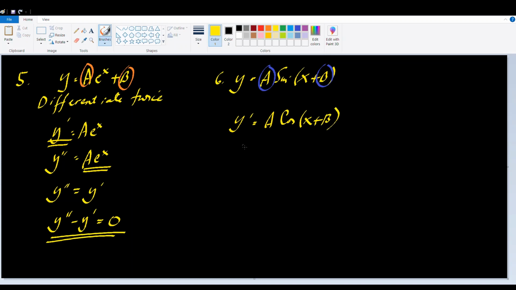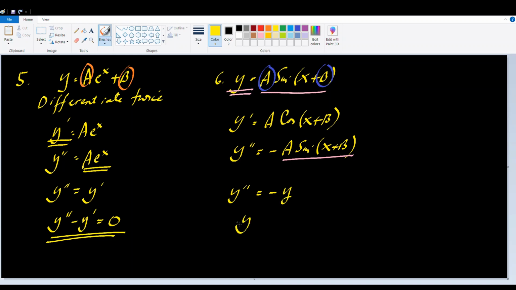And then y double prime is negative a sine of x plus b. But a sine of x plus b is equal to y. So y double prime is equal to negative y, or y double prime plus y equal to 0.